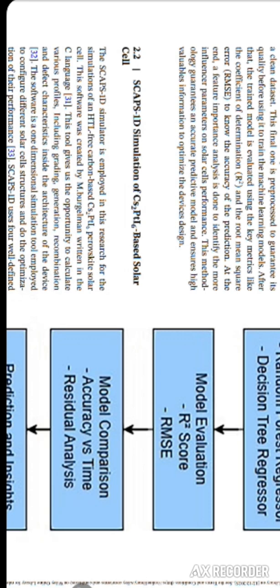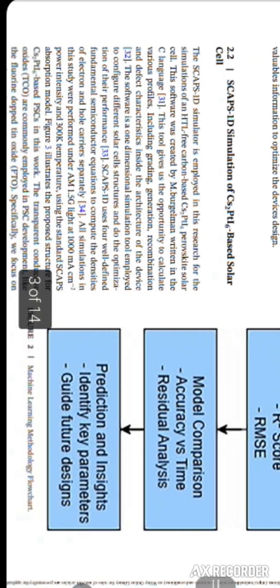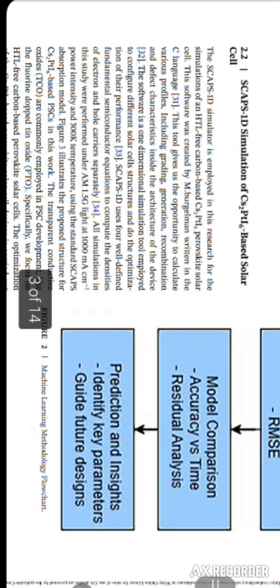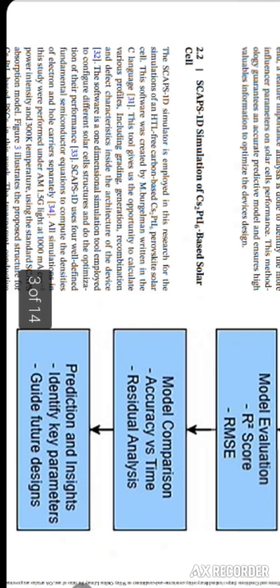So they plot accuracy versus time, and they analyze the cost in addition to the model accuracy, and finally they predict and gain insight into the key parameters affecting this cell efficiency to guide the future design.